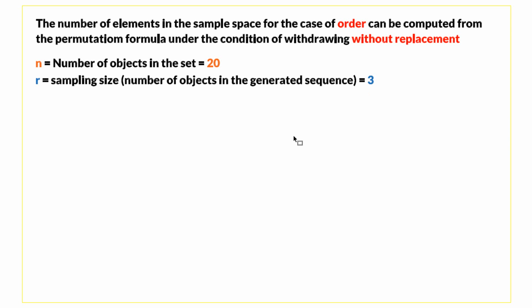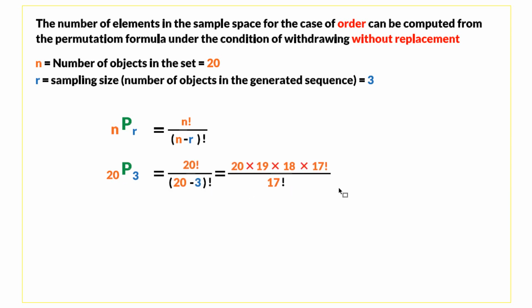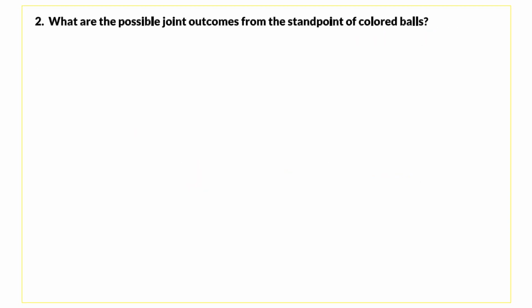We are picking 3 objects out of a population of 20, so we substitute in the permutation formula n with 20 and r with 3, and we get 20 times 19 times 18, and this is equal to 6,840 possible outcomes.